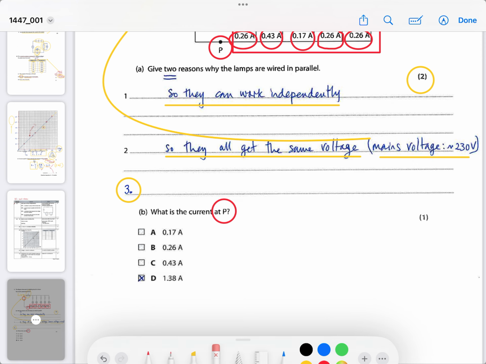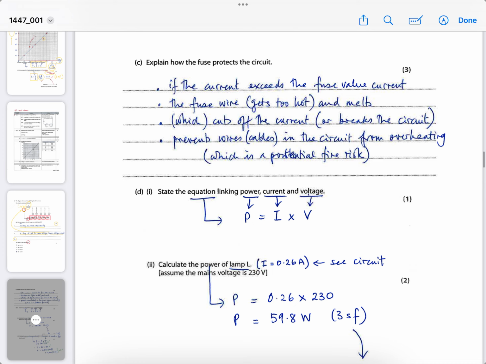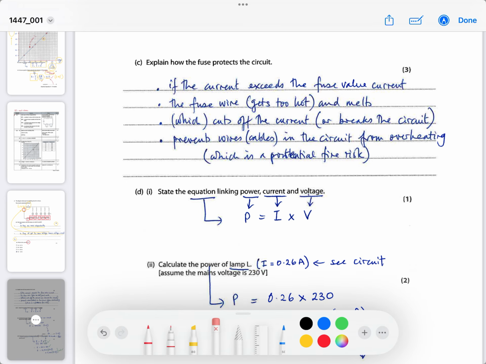Next question. Explain how the fuse protects the circuit. So this is a very common GCSE question. And if you learn the way I've written it for you, and another question comes up in your exam, it's a guaranteed minimum of 3 marks.